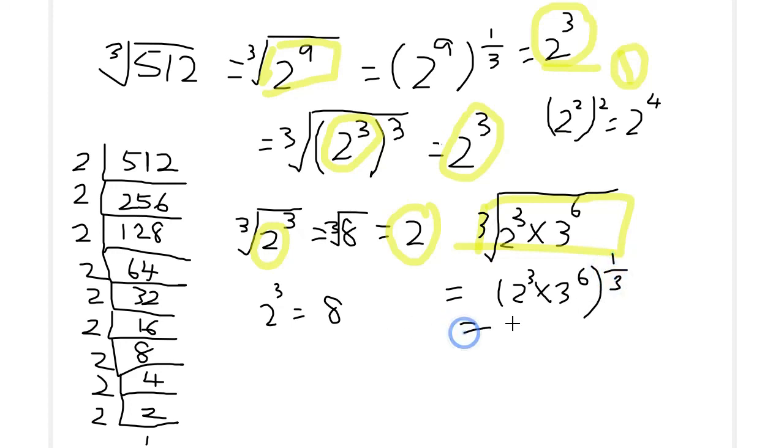So this one equals 2 times, so 1/3 you would times 3, and that cancels out, becomes 1. 6 times 1/3 becomes 2, because 1/3 of 6 is 2, and so this is your answer. 2 times 9, 18.